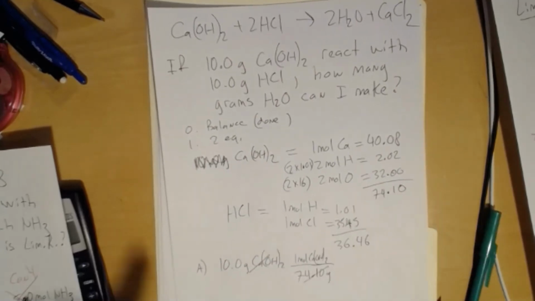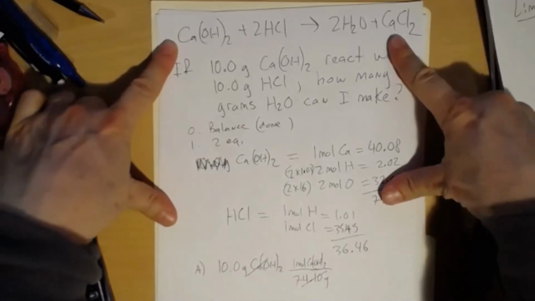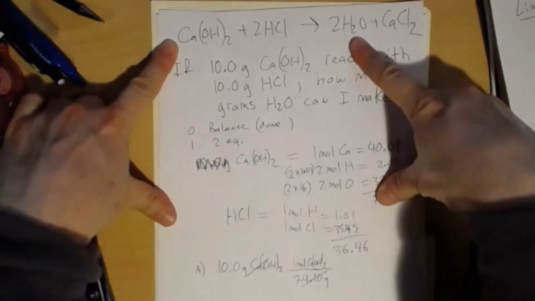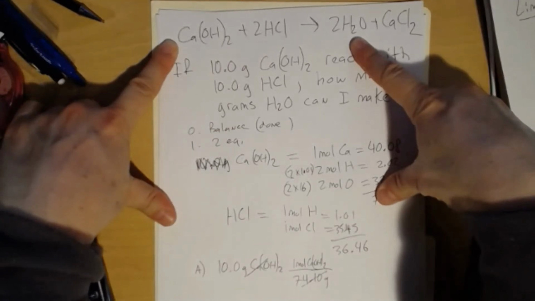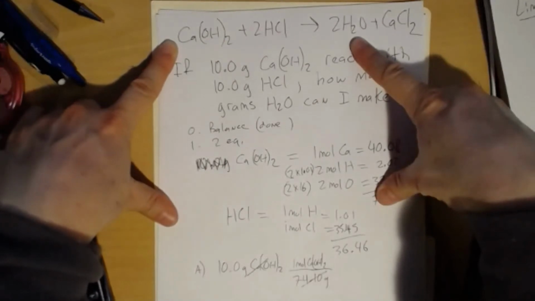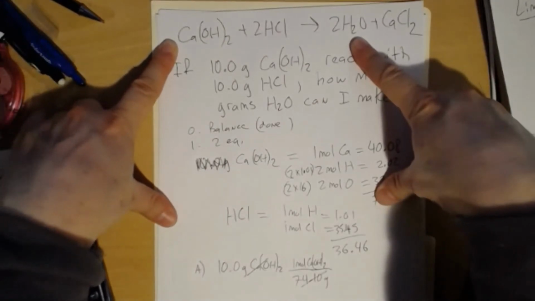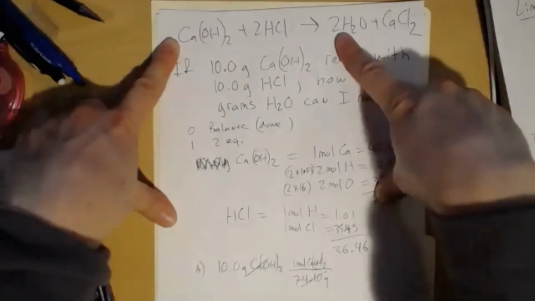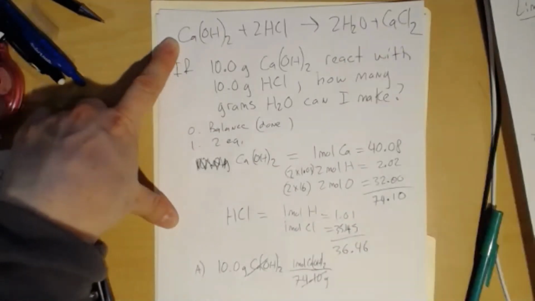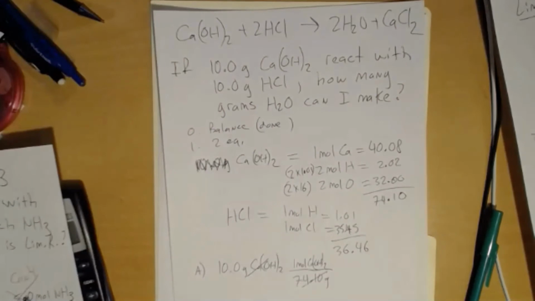Okay, what's the mole ratio between calcium hydroxide and water? You guys see that? Anybody? What's the mole ratio of calcium hydroxide to water? 1 to 2. Where's the 2 go?